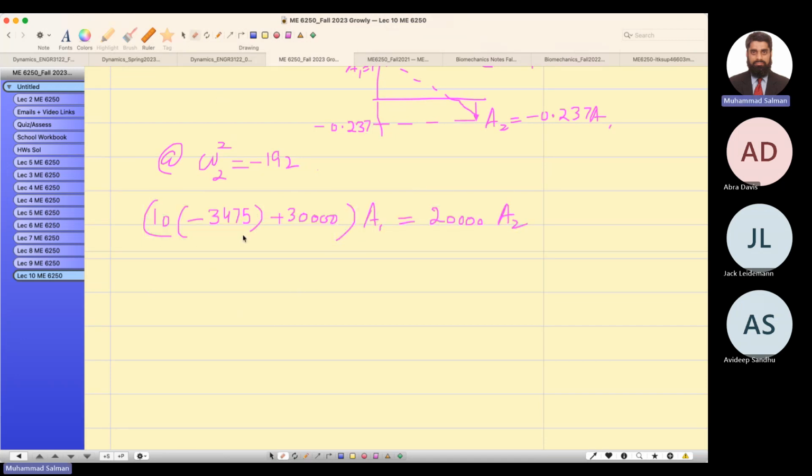I'm going to replace this square by negative 192. And what do you guys get from here?